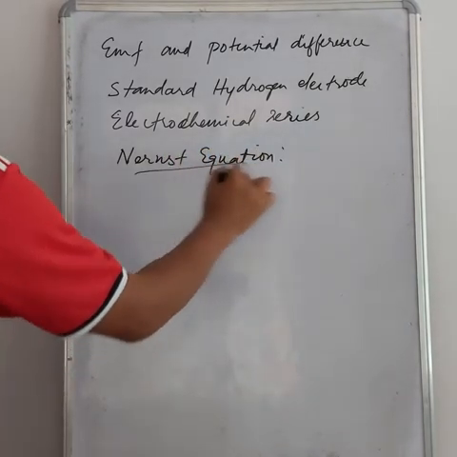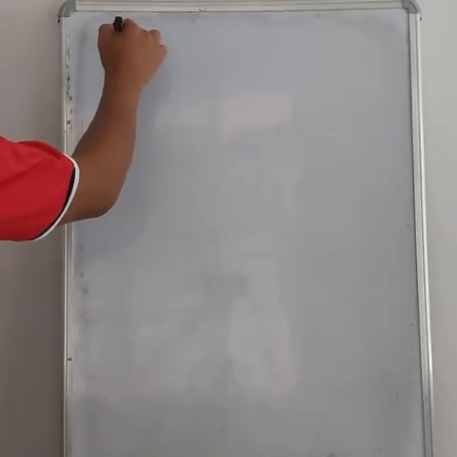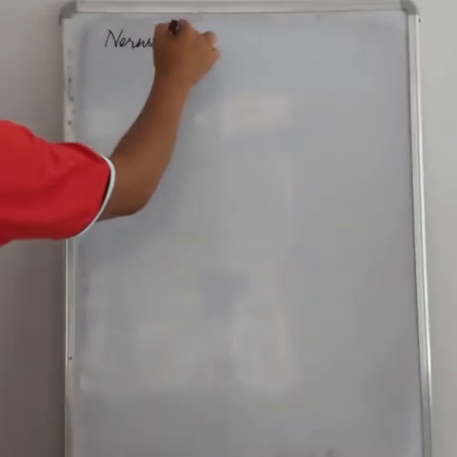So this is a beautiful equation, and this gives you the dependence of electrode and cell potentials on different concentrations. So we'll try to study that now. Okay, so the Nernst equation for electrode potential, it's given in your book also. You can go through it.